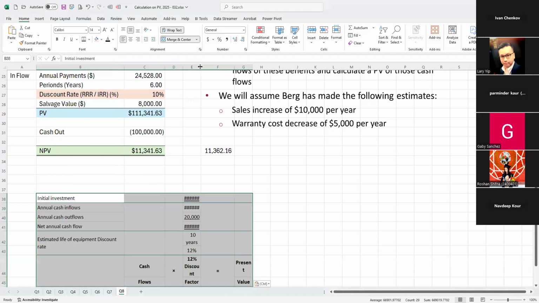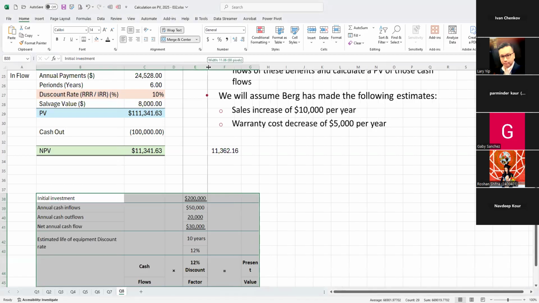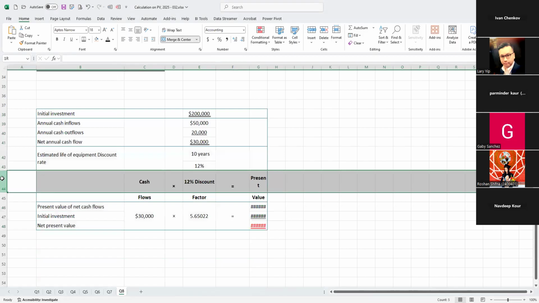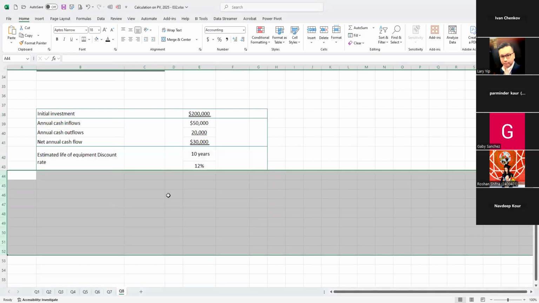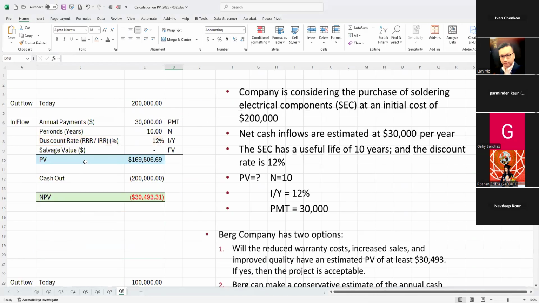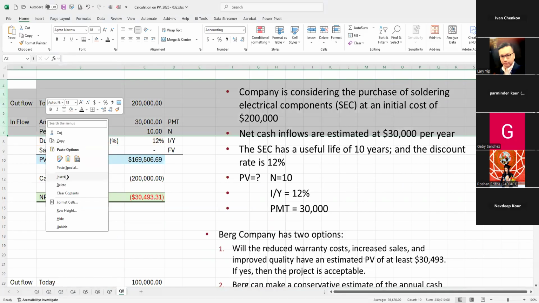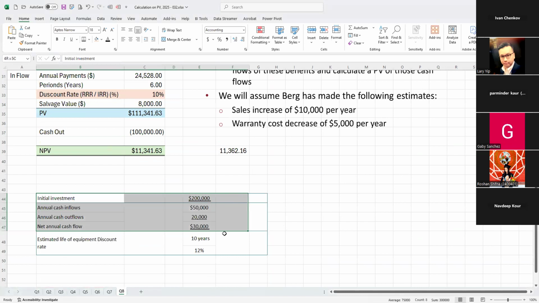Okay, that's our initial information for this project. We don't need this information; this is a distraction. This is our original information. Let's put it somewhere on the top, right here. Now I can explain it.